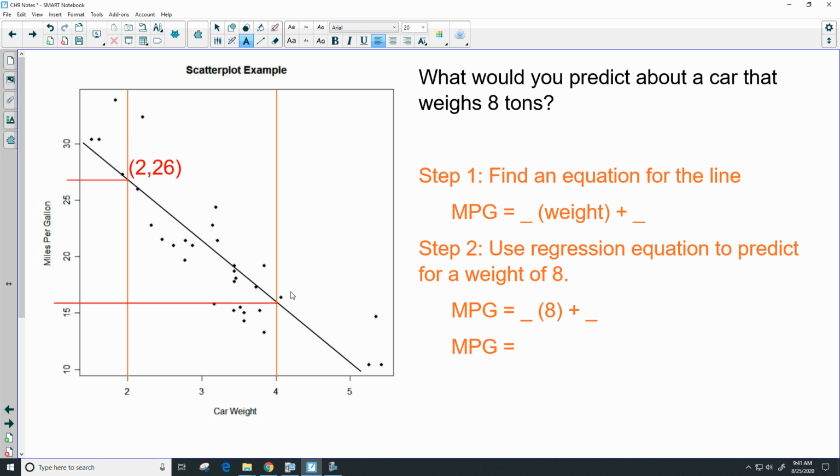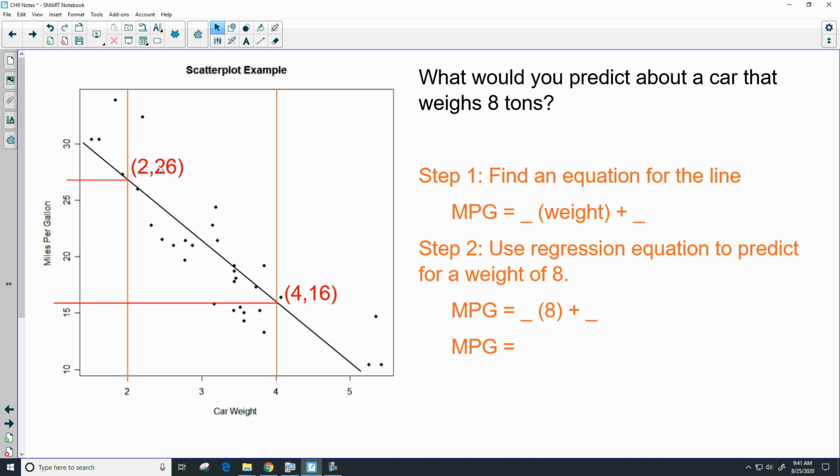And this point down here is going to be 4, and I don't know, maybe 16, something like that. I think that's going to be close, maybe 15 and a half.